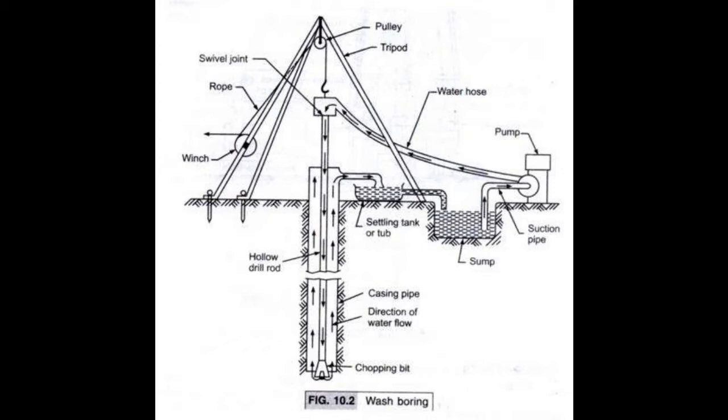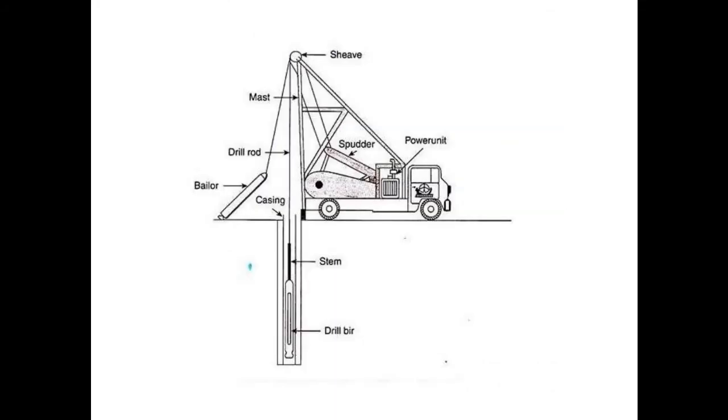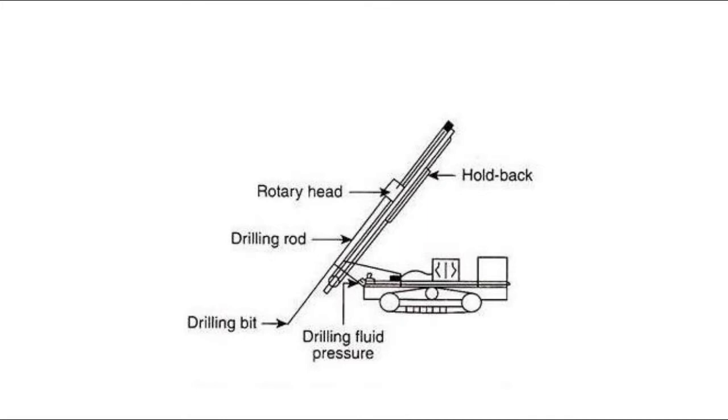Then the percussion boring. This one is pretty similar to the wash boring, only the drilling bit is added internally, which is pretty heavy, and this gives much more functional characteristics to the boring unit. Further, the rotary boring is also a similar kind of method.